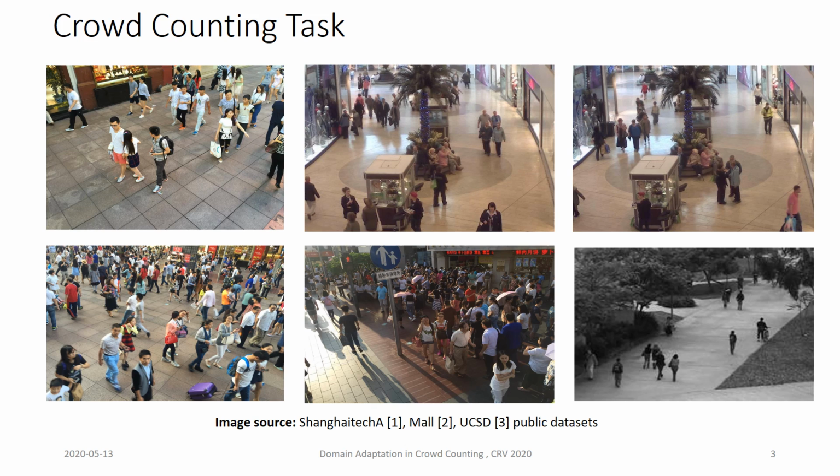The left one is more dense and the right one is sparse. So we are trying to train our network on highly dense images and test it on low density or sparse images. This is how we perform domain adaptation on crowd counting.